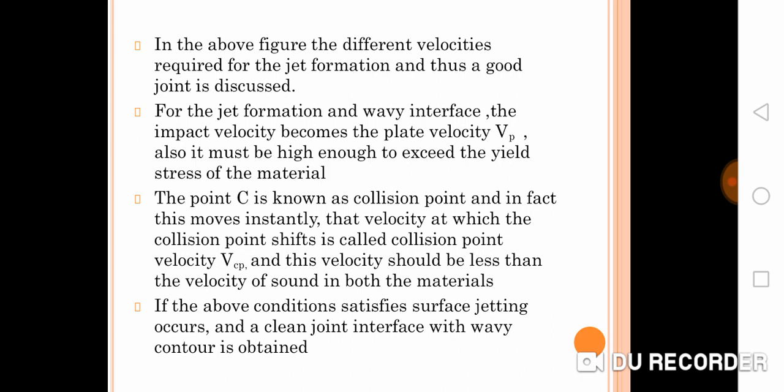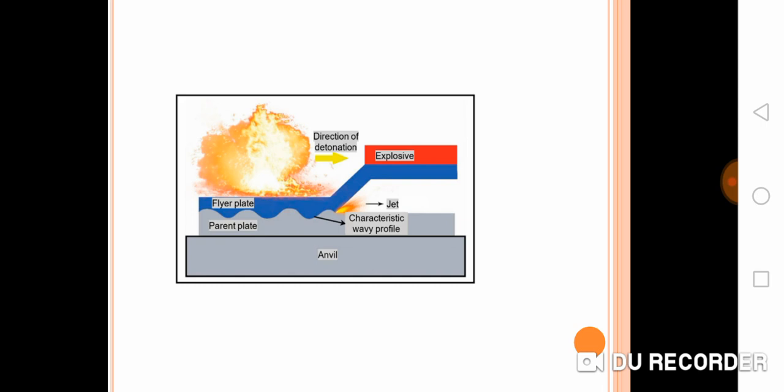Next, the collision point velocity should be less than the velocity of sound in both the materials. If these two conditions are satisfied, then the metal jet and a wavy contour occur and you will get a good joint. Again, this figure is used to explain the jet formation and how the joint occurs.